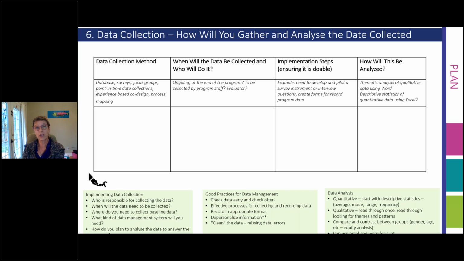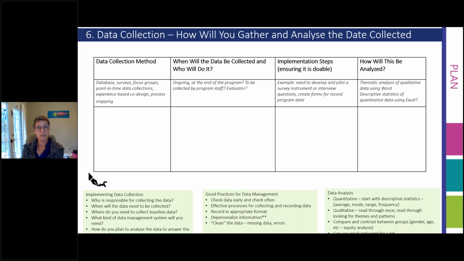In Excel, you can use that for just average, mean, median, mode kind of data, frequency data. Pivot tables, if you're familiar with those, are a really great way of using Excel to get at some cross tabulations to say, well, women say this and men say this, or youth say this and adults say this.